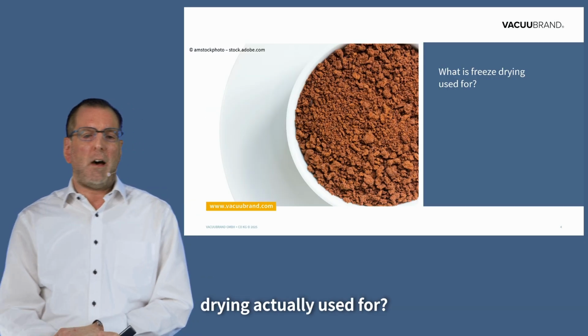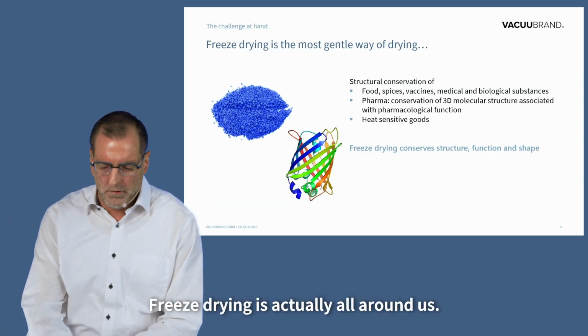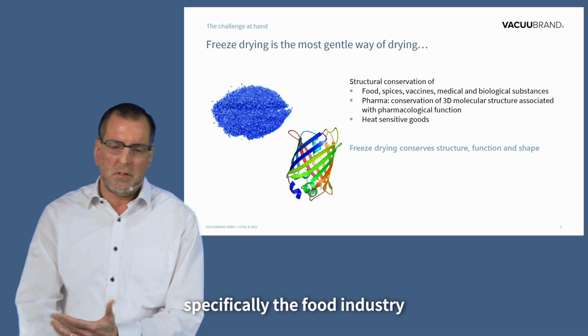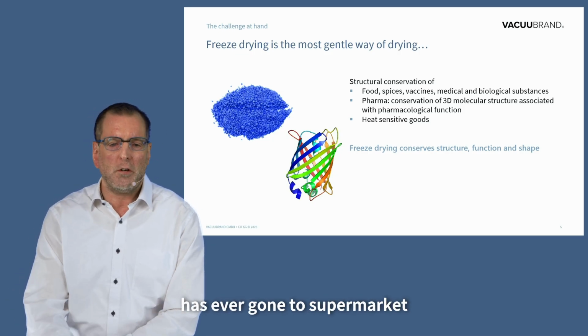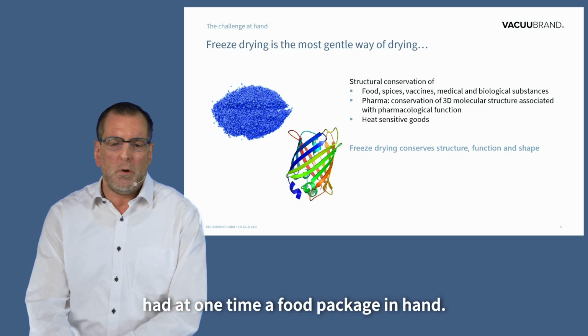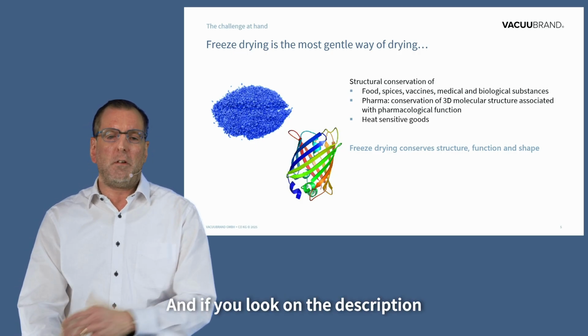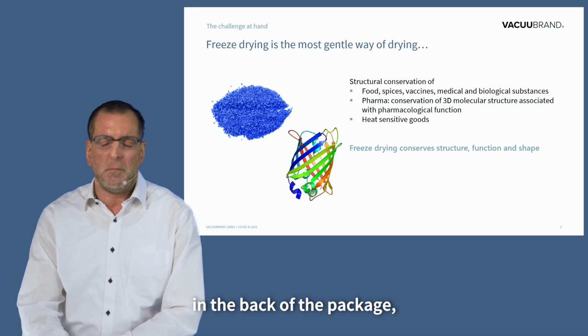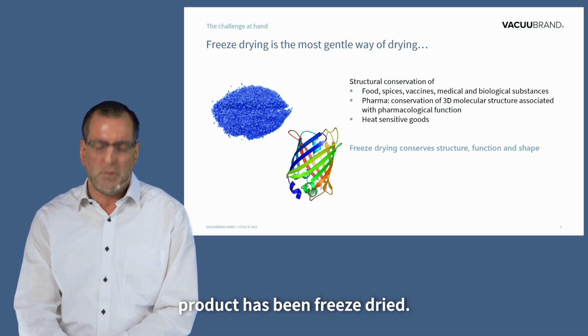What is freeze drying actually used for? Freeze drying is actually all around us. It's applied specifically in the food industry, and I'm sure any of you who has ever gone to a supermarket has at one time had a food package in hand, and if you look at the description on the back of the package, you will sometimes see the product has been freeze dried.